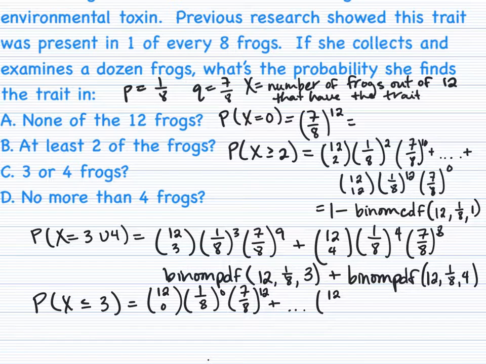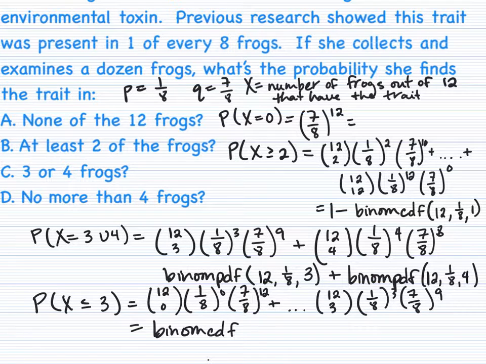And you find that with binom CDF, and that one automatically calculates the number or fewer. So you can just put in 12, 1/8, and 3. And that will calculate it for you. So this notation here, oh, I missed a plus.